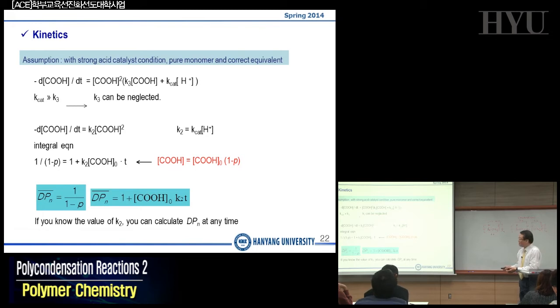So we can calculate DPn as a function of time if you know the rate constant K2, or you can calculate the extent of reaction P and come up with the DPn.